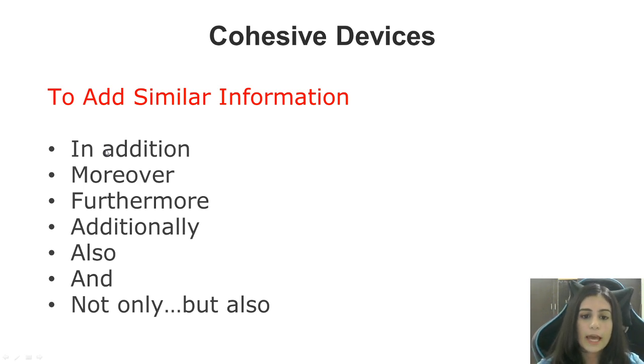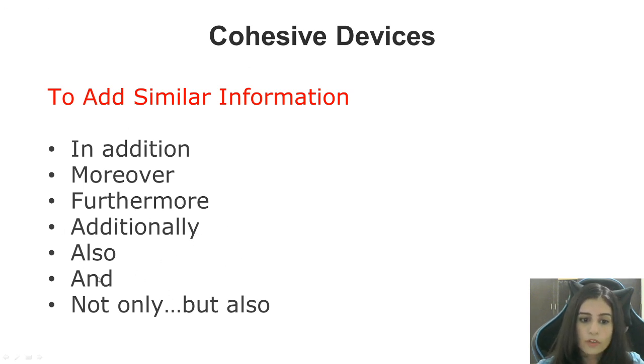So when we are adding new information, if you're first of all talking about, let's say, physical health, so you're saying to begin with, physical health is going to get deteriorated, then you will say in addition to that, or moreover, or furthermore, or additionally, the mental health might also deteriorate. Or the mental health might also get negatively impacted. So this is how you'll use these words.